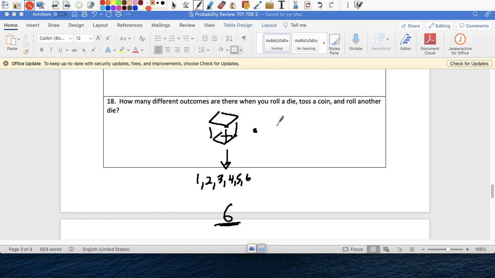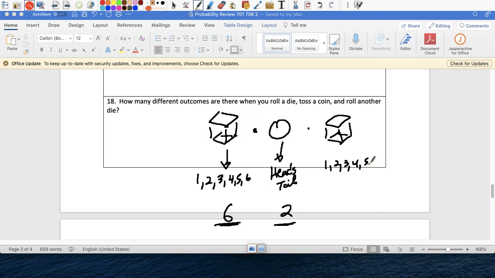A coin is heads or tails, so there are only 2 possible outcomes. And then another standard die, and again there's a 1, 2, 3, 4, 5, or 6. So there are 6 possible outcomes. To find the total possible, we multiply these, and we get 72.